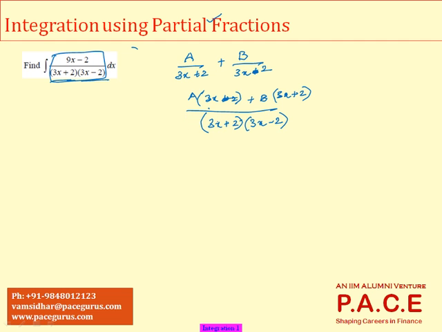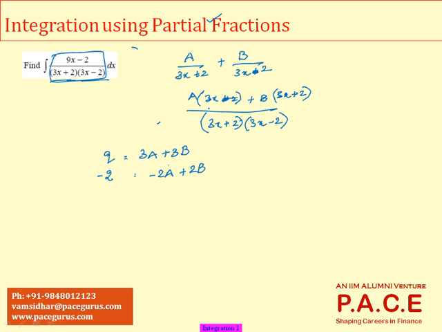Now I can equate the like terms. What is the coefficient of x here? In the original equation, the coefficient of x is 9, whereas in this expression it is 3a plus 3b. This is the coefficient of x. And what is the constant term? Here it is minus 2, and here it is minus 2a plus 2b.